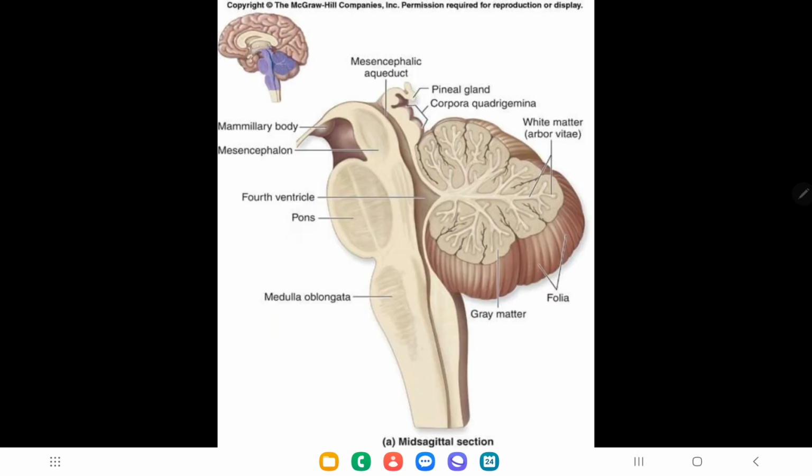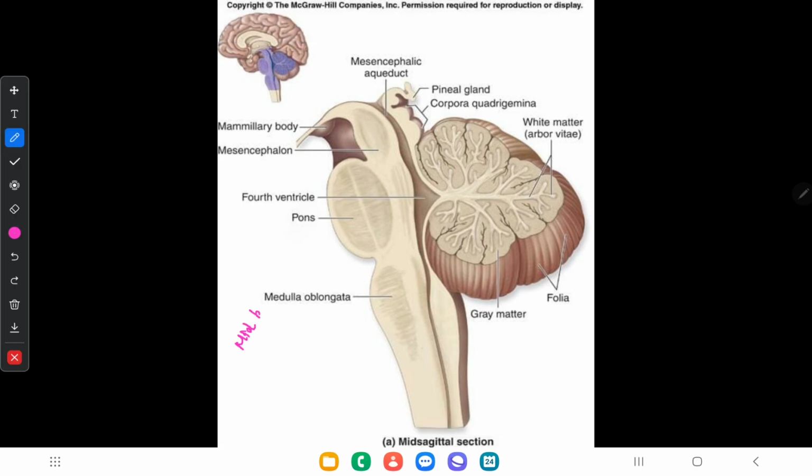There are three cerebellar peduncles. The cerebellum is connected to the posterior aspect of the brainstem by three symmetrical bundles of nerve fibers called the superior, middle and inferior cerebellar peduncles. It is connected to the midbrain by the superior cerebellar peduncle.